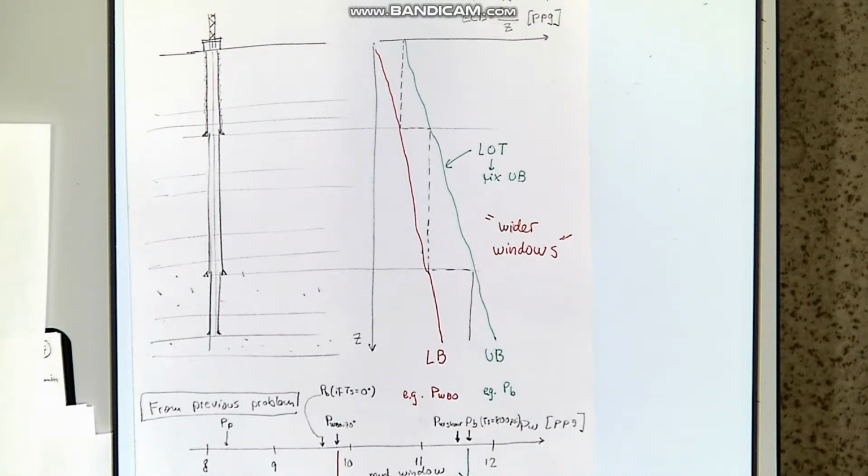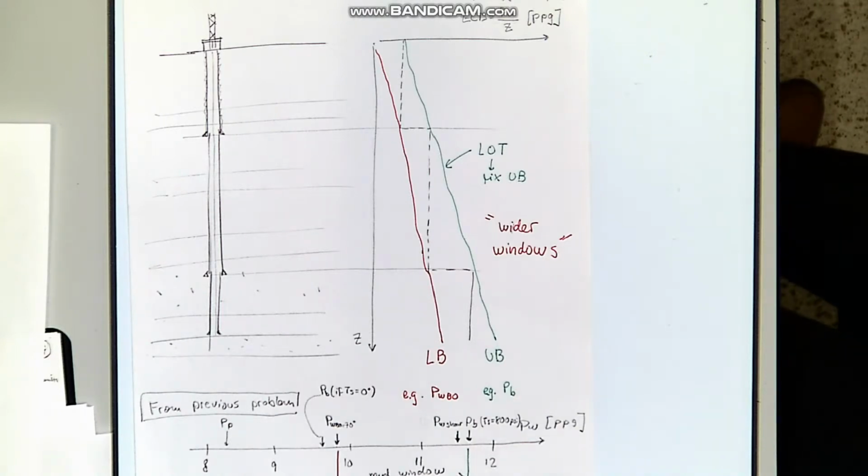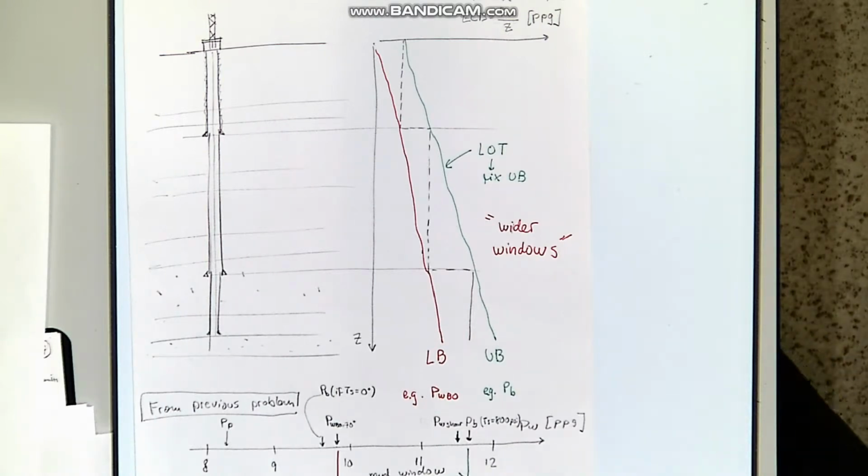As you might expect, the lower the number of casings that you use, the better that's going to be, and it's going to make the drilling more efficient and also cheaper. So understanding this window is very important. Enlarging that window is very important.